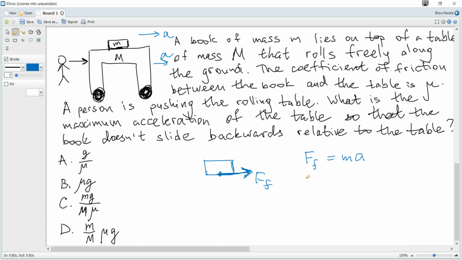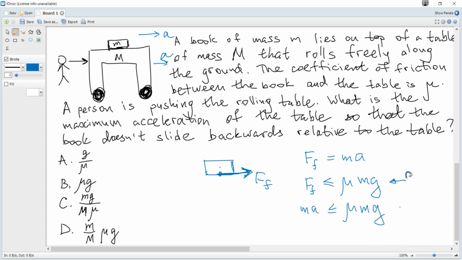And frictional is what? It is less than or equal to mu static n. Here it's just mu mg, because in the vertical direction there are two forces, n and mg, which are balanced, and friction is ma, so ma is less than or equal to mu mg, and it's the condition for what?